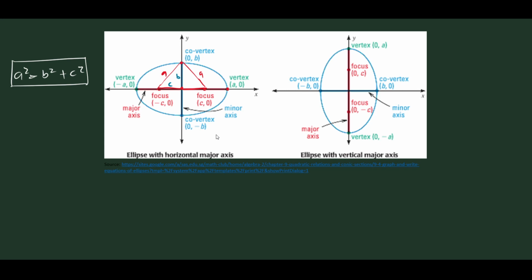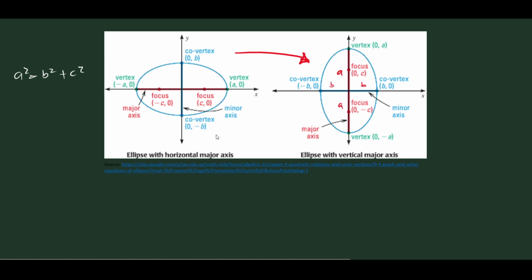The standard form of the ellipse varies a little bit depending on the orientation of the major axis. If we take a look at this illustration right here, the major axis is along the x-axis, so this will still be the a, and the b will be on the y-axis.